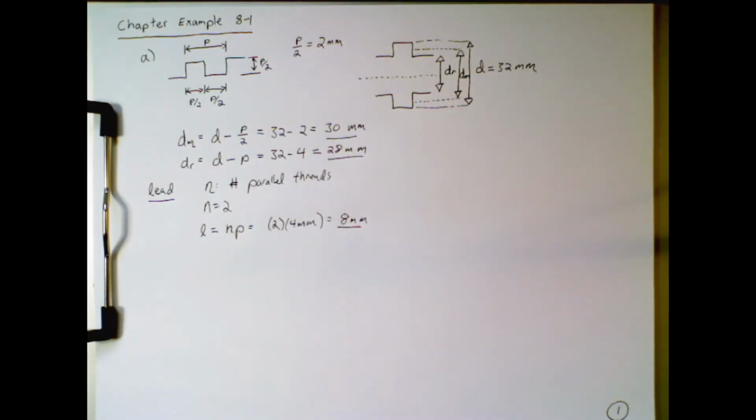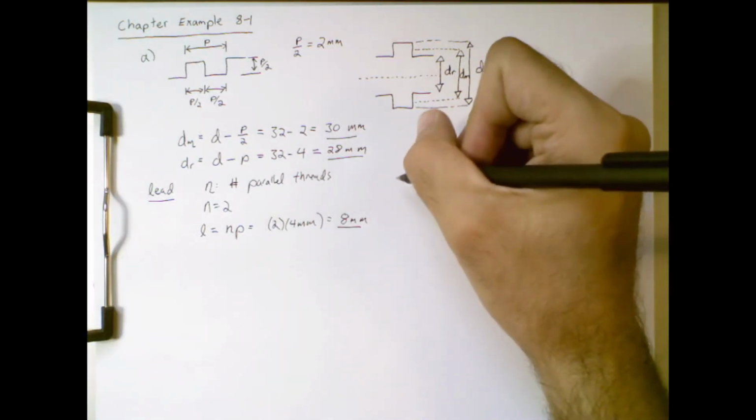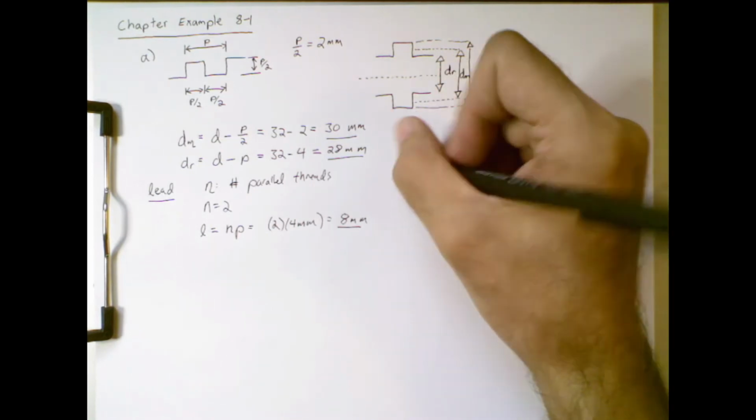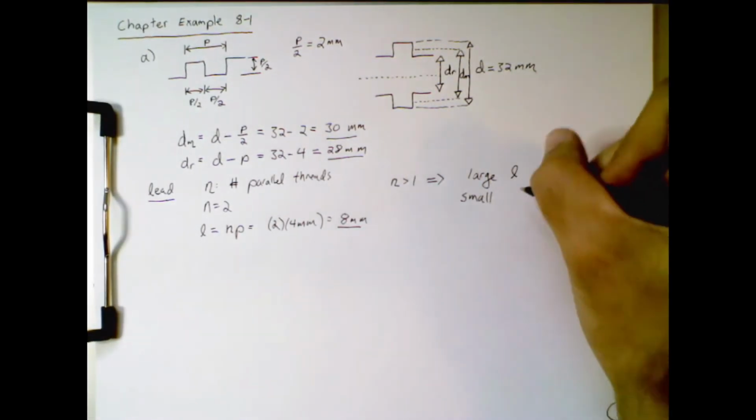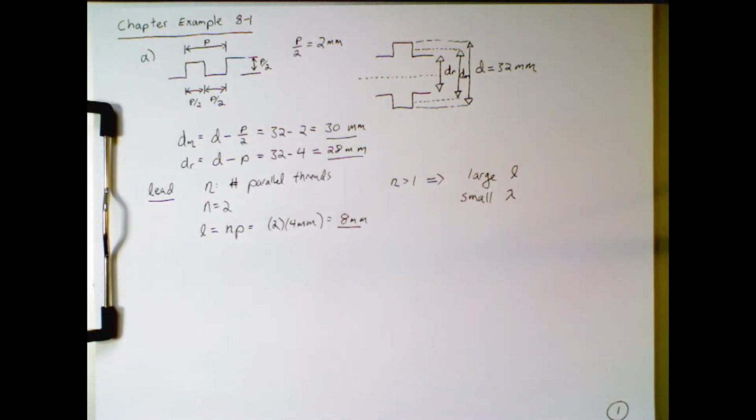Now, we might ask, why would we have more than one thread on a power screw? Well, if we think about what's going on, we can have a pretty large lead, but with a small lead angle. Now, why would this be advantageous? Well, if we have a large lead, then it's a fast power screw.